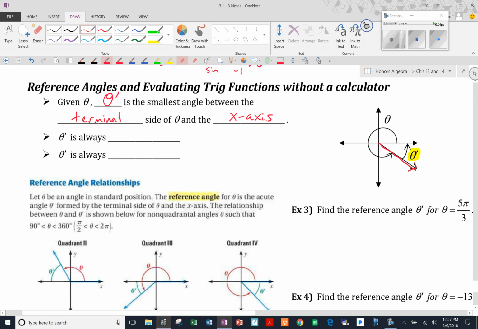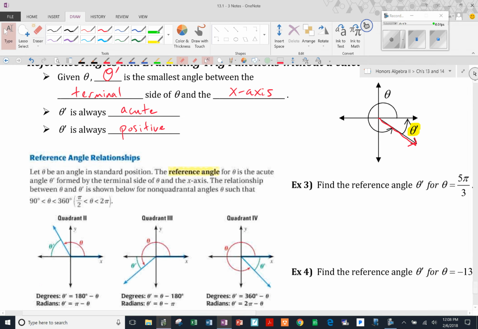It's always that angle between the x-axis and the terminal side of the angle. Theta prime is always acute, so that means you always have to go to the closest x-axis, and it's always positive. It doesn't matter if you're going backwards or forwards to get to the x-axis, theta prime is always positive. Okay? Theta prime is called the reference angle. The reference angle is used to help find all the trig functions.